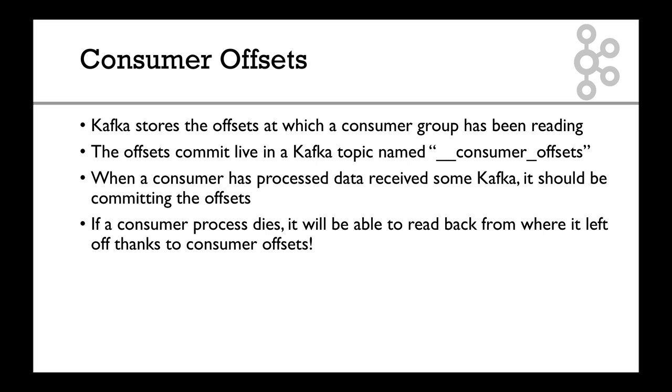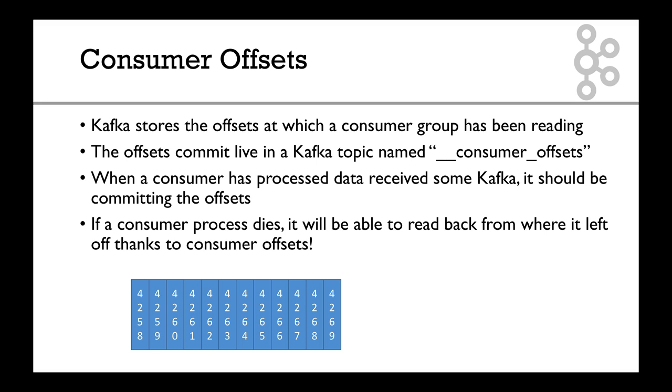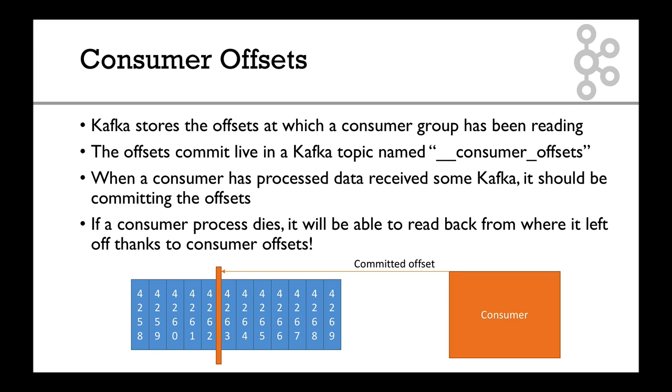So let's look at what it looks like in the diagram. Basically, if your consumer process dies, it will be able to read back from the offset that was committed. So here we have our topic, and as you can see, the offsets are well above 4,000, so a lot of data has been written. And here's my consumer. After reading some data in the topic, it will just commit the offset.